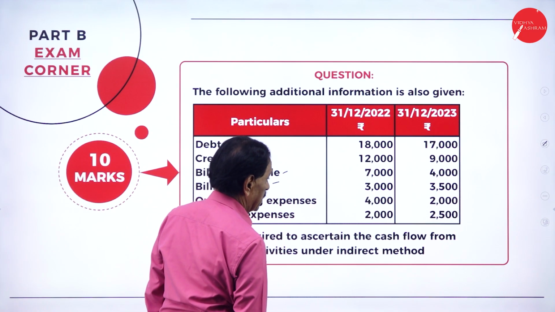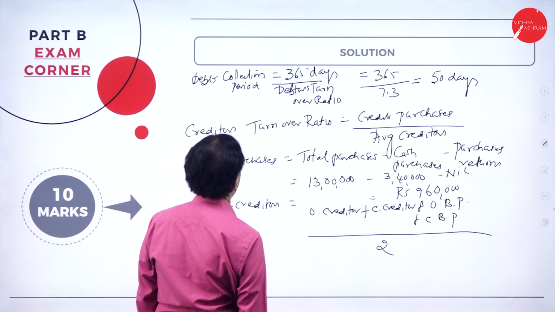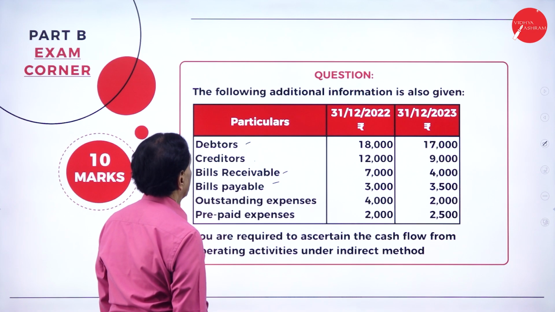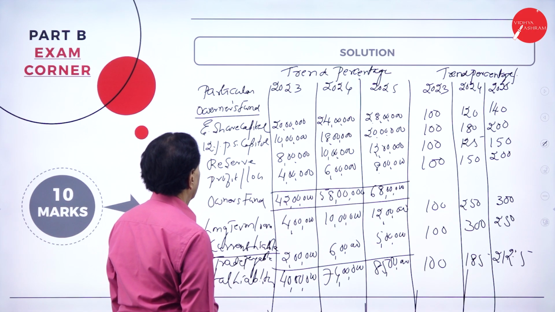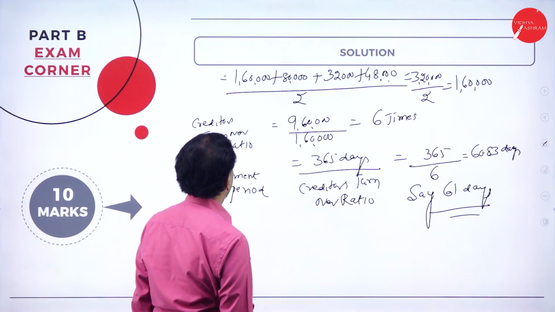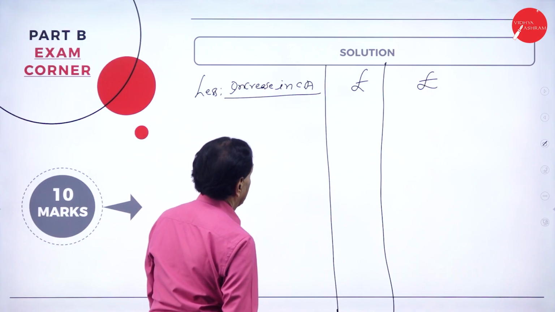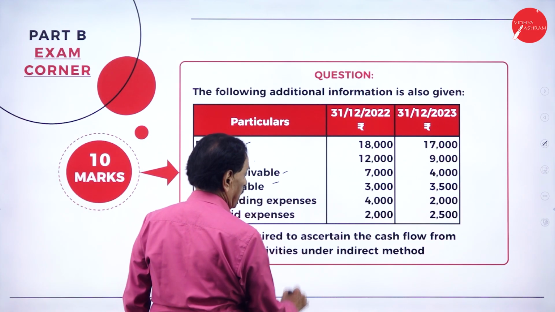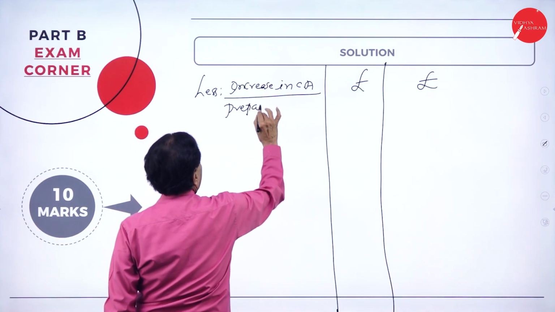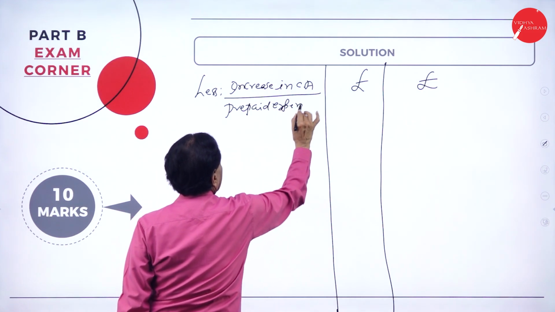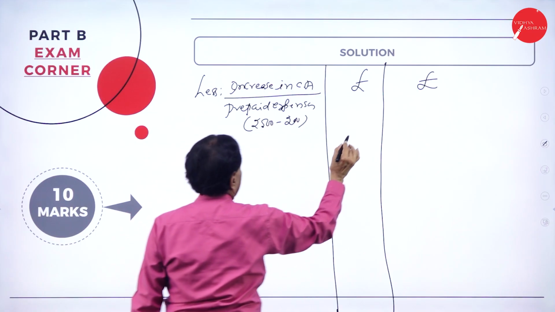Prepaid expenses increase in current asset, here prepaid expenses, 2,500 is 500.